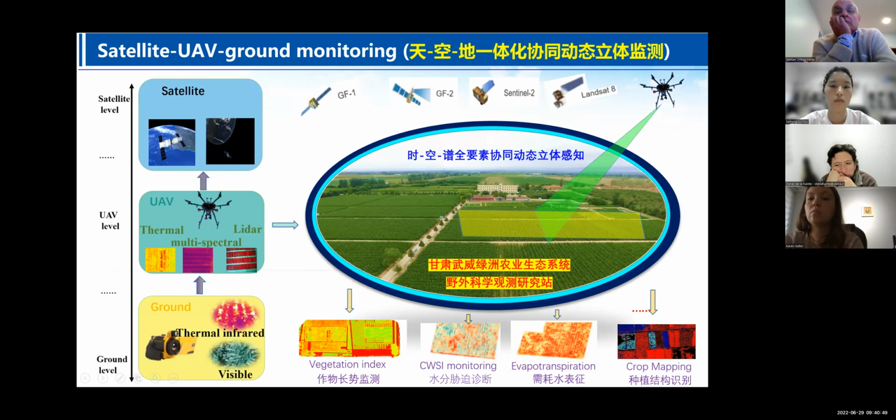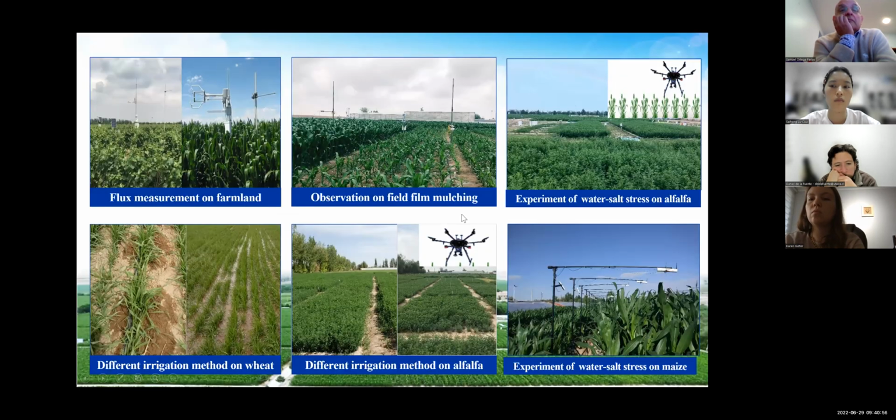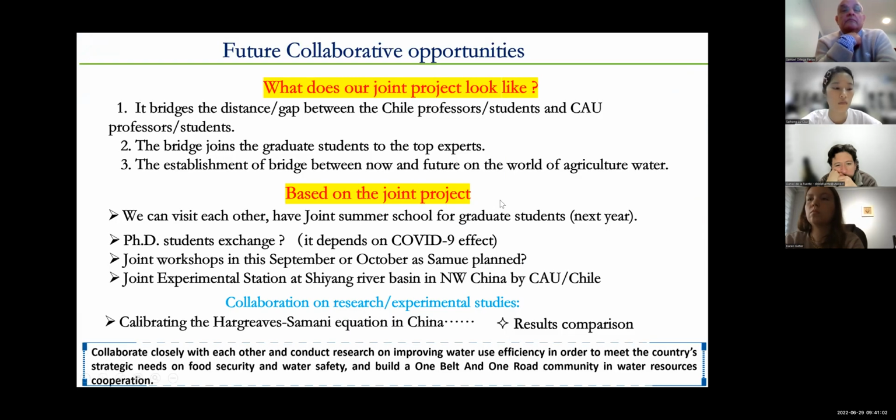So based on our joint program, we have something to do in the next two years. Based on the joint project as we discussed last time, firstly, we can visit each other, for example, a joint summer school for the graduate students.